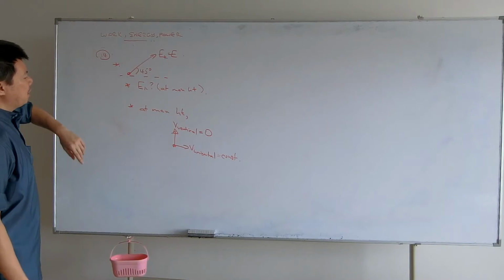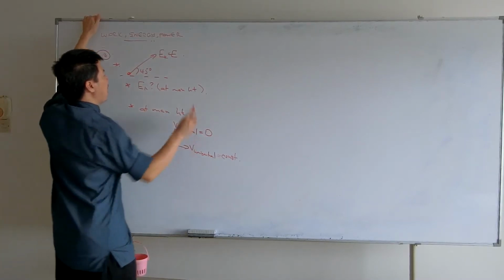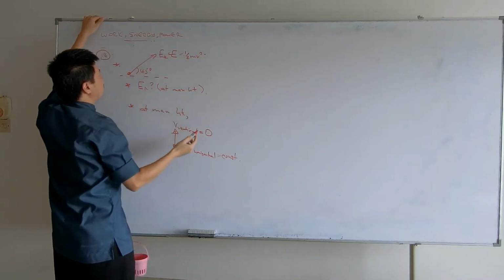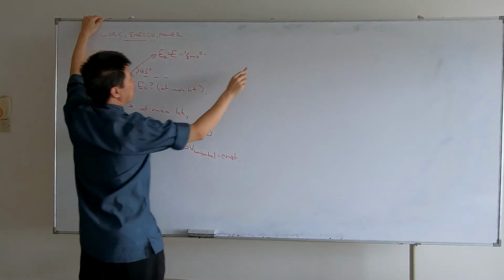So, let's begin. We know this is true. We know EK is equal to half mv squared. So, let's stick with the horizontal.